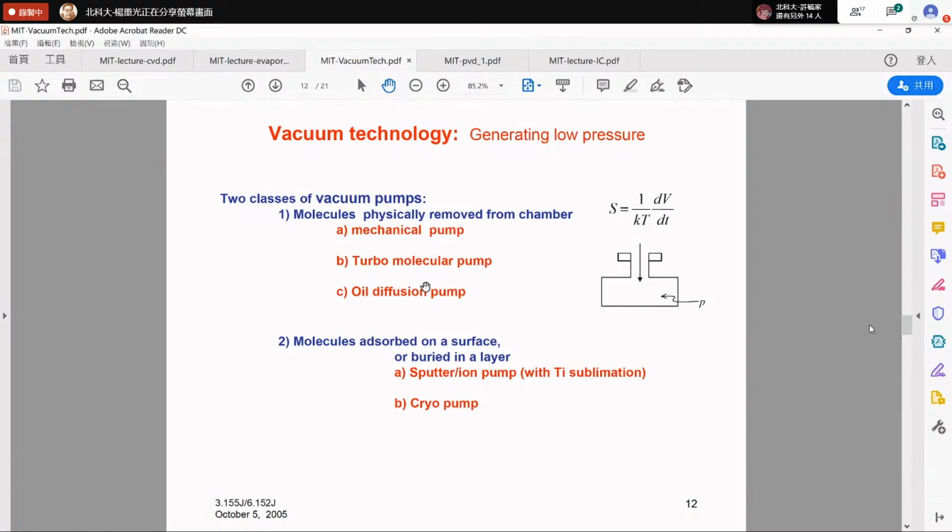There is another type, where molecules are adsorbed on a surface, something like the ion pump or cryopump, which adsorbs molecules on a specific surface. Please memorize this.